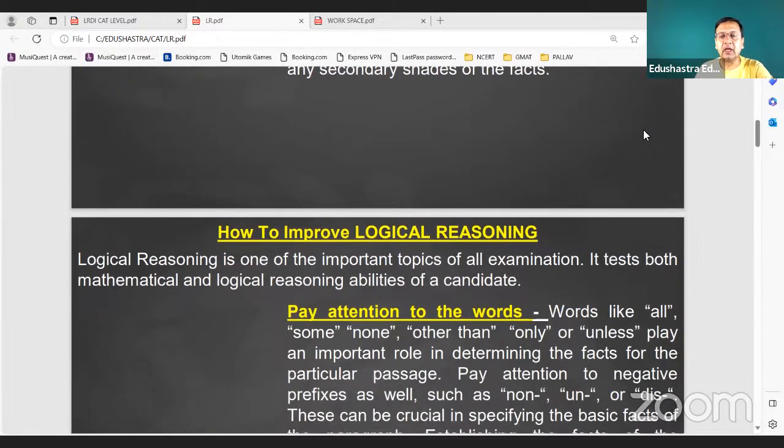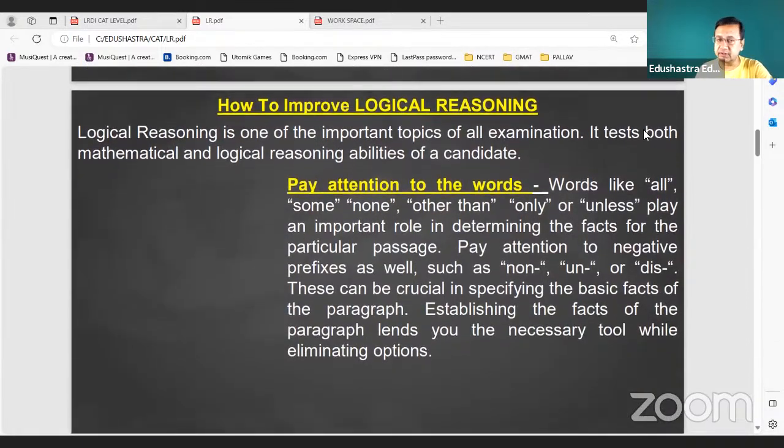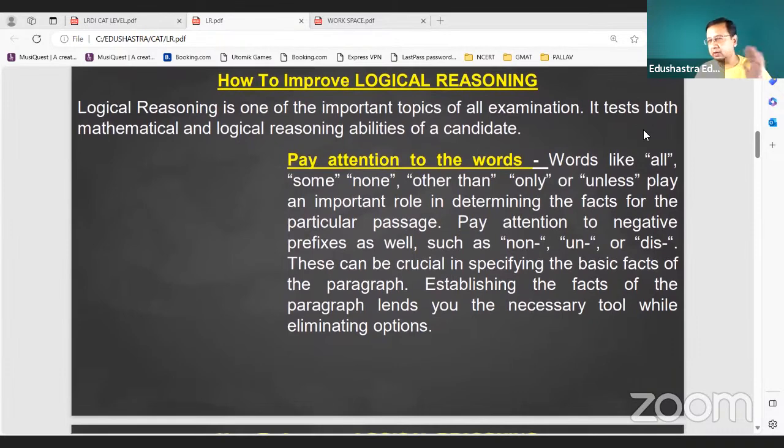Now, pay attention to the words. Because calculation and arrangements are all very simple, but the catch is always in the sentence, in the framing of the phrases, in the uses of the words.